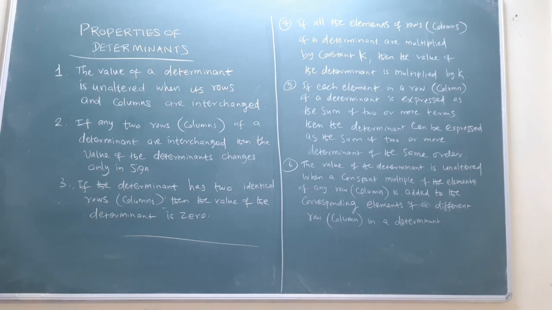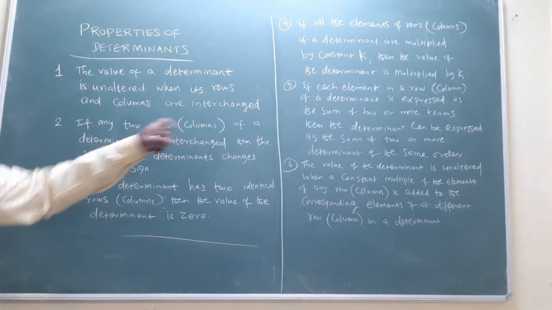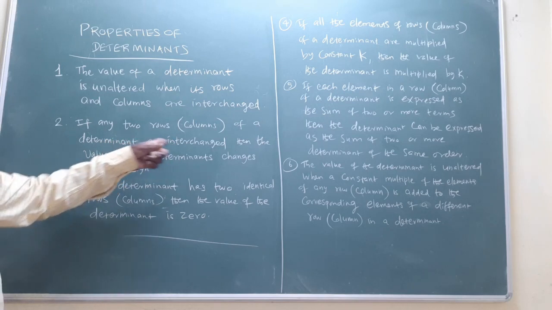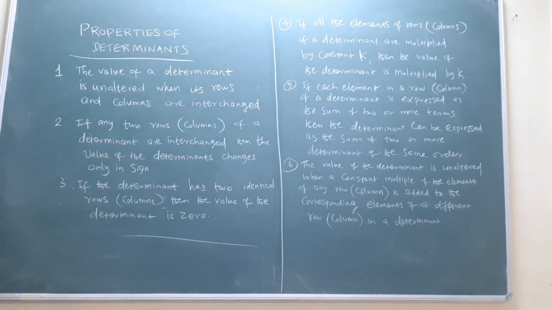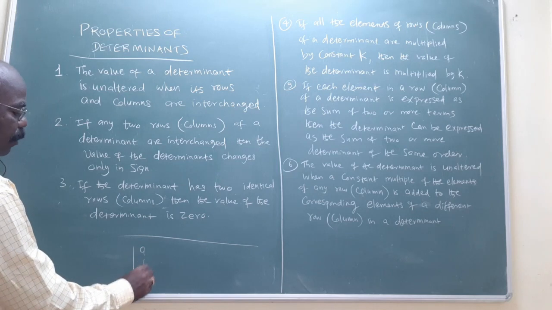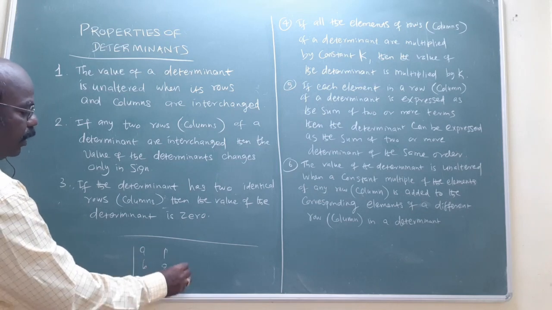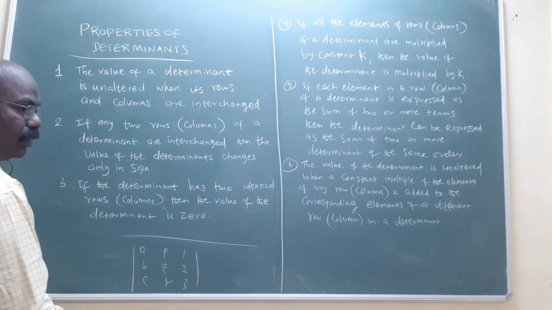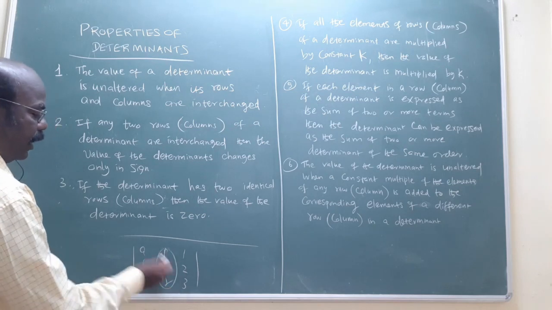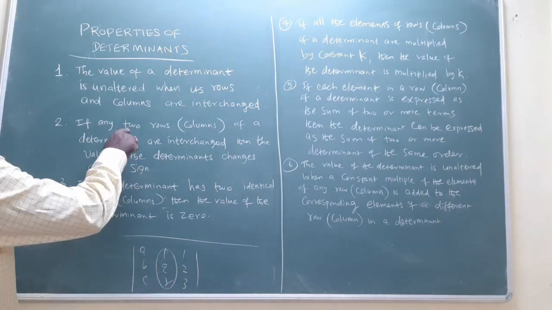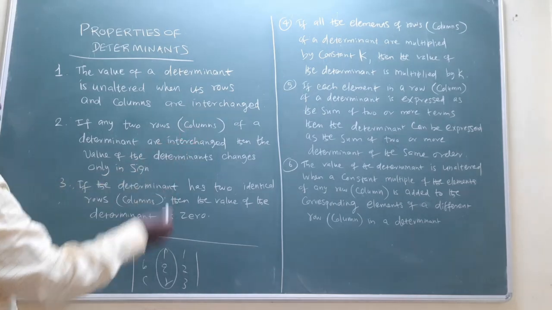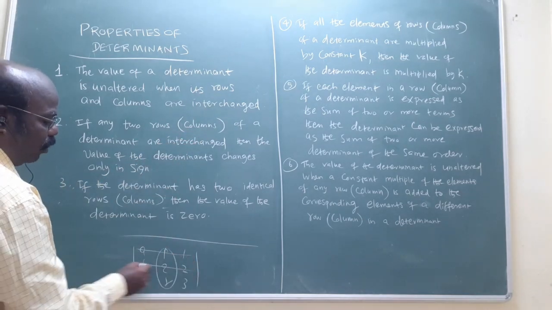The next property: if any two rows or columns of the determinant are interchanged, what does it mean? Suppose A, B, C is there, P, Q, R is there, and the third row is there. You will change the sign. Suppose I interchange any two rows or columns. Suppose this is the first row, this is the second row.